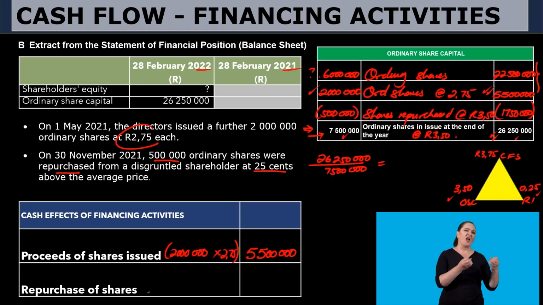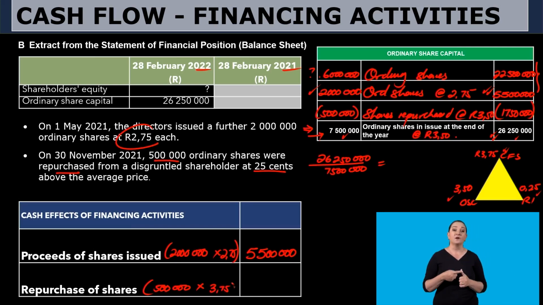So I'll come here, then I'll say, on the repurchase of shares, how many shares did we repurchase? We repurchased 500,000 shares. And how much do we record in the cash flow? We record the 3 Rand 75 multiplied by 500,000. And that is going to give you 1,875,000, in brackets, repurchase of shares, in brackets.